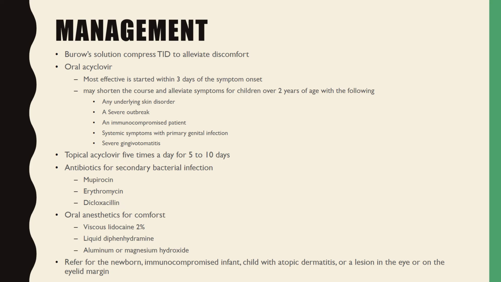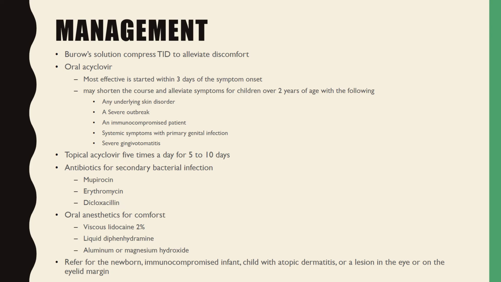There are different variants of magic mouthwash you will see. This one here is a very common one, or some use different combinations, just what the physician is comfortable with. This combination is viscous lidocaine 2%, which is done with a prescription, liquid diphenhydramine, and then the aluminum or magnesium hydroxide, so any Maalox or Mylanta, something like that, that has that.